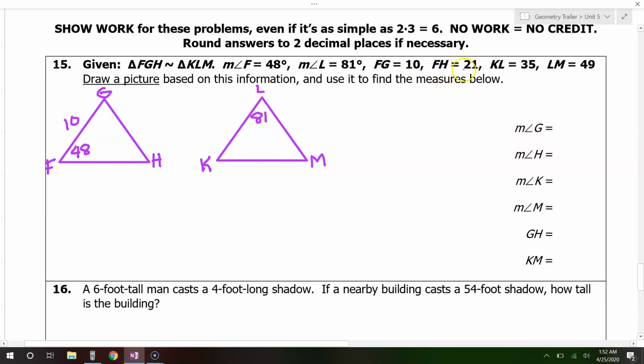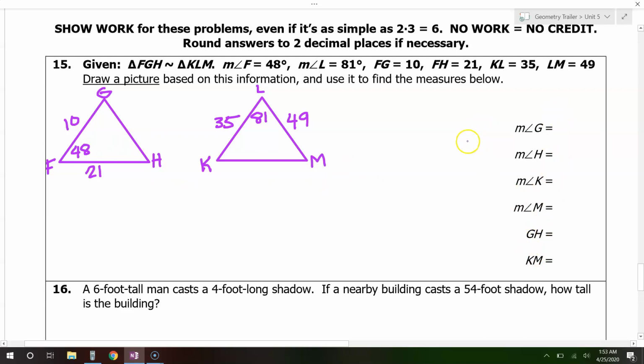FH is 21. So there's a 21 right here. KL is 35. LM is 49. So I have a 49 right here. Okay, so based on this, I need to find all of this stuff.